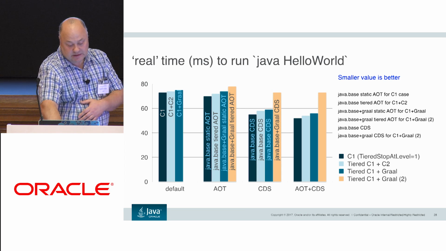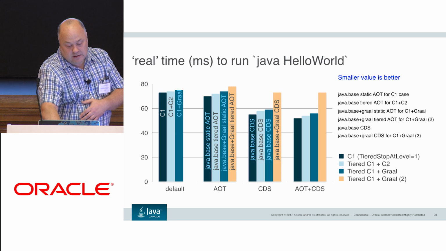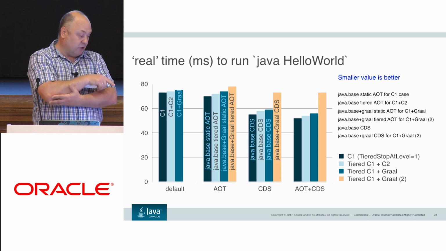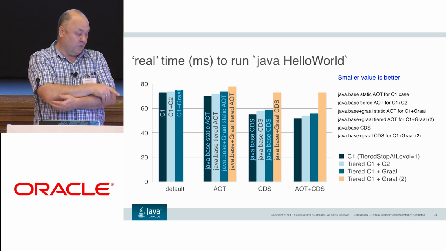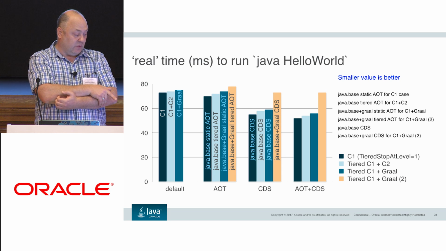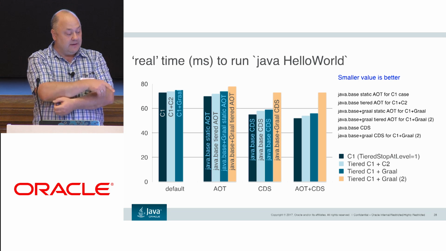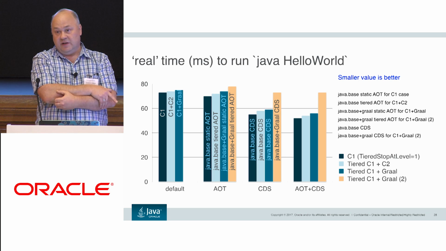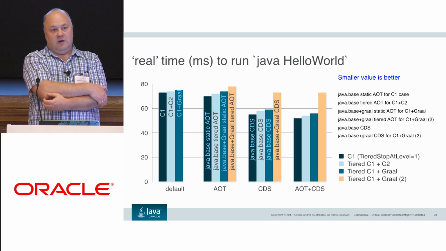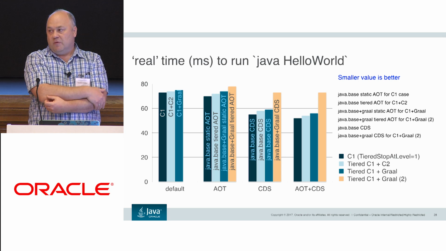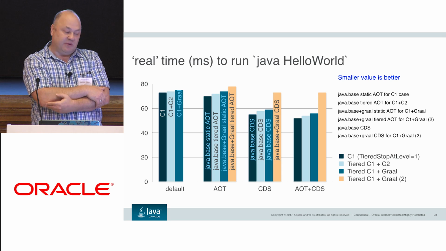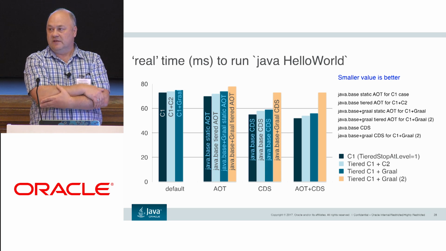This is why it's different. The third set is for CDS. If you look at the Graal result, it shows that when you use the java.base plus Graal CDS combination, performance is worse. It's the same as AOT. Essentially, the CDS archive size and number of classes is almost triple, so you have to spend a lot more time processing this data.